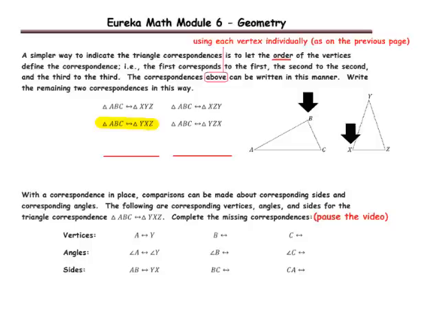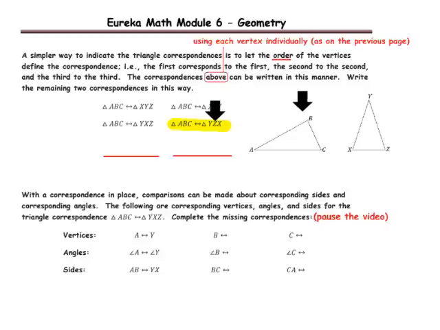And in our next example, triangle ABC corresponds to triangle YZX. So we have the first letter A corresponding to the first letter Y. So here is A and here is Y. Then we have the second letter corresponding to the second letter.